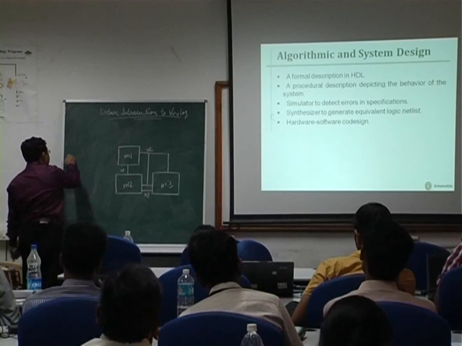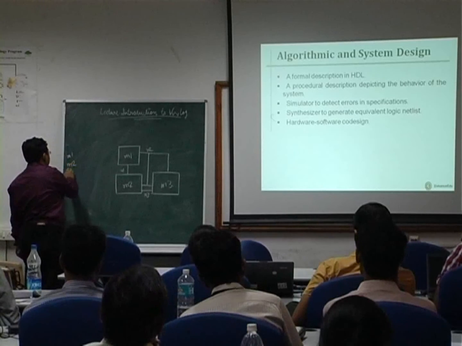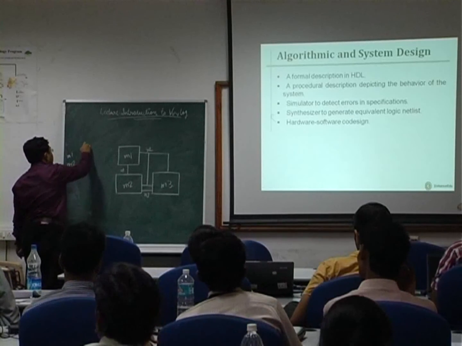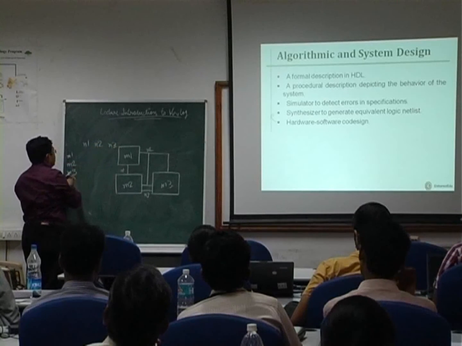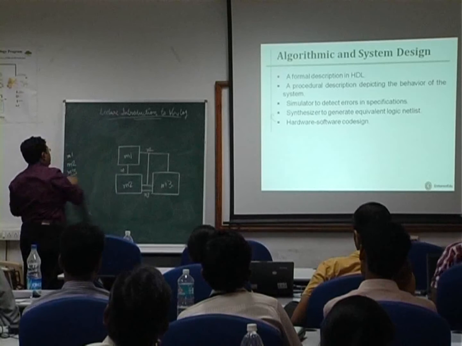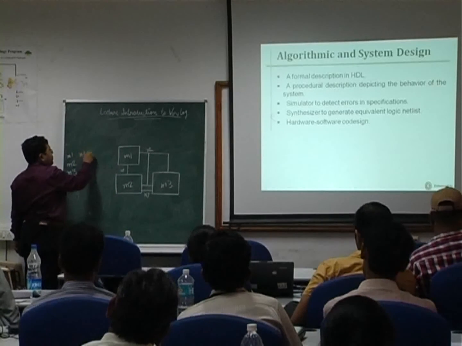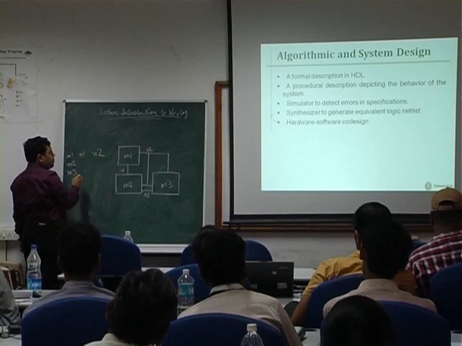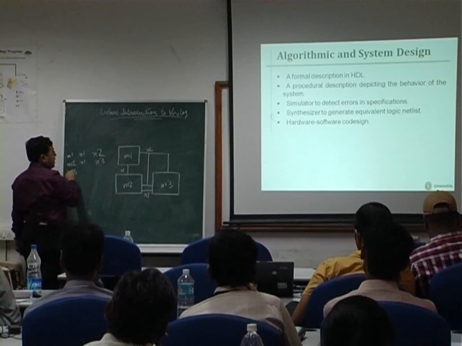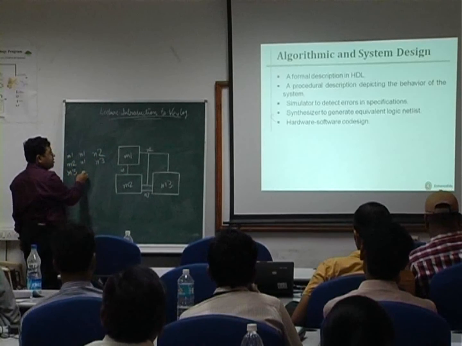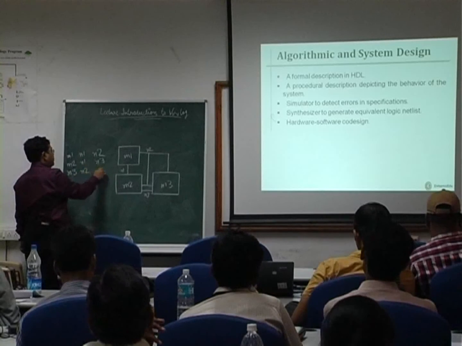We can visualize this system as a collection of these three modules M1, M2, M3 and three nets N1, N2, N3. So we can think of it like this: module M1 is connected to nets N1 and N2, module M2 is connected to nets N1, N3 and module M3 is connected to nets N2, N3.